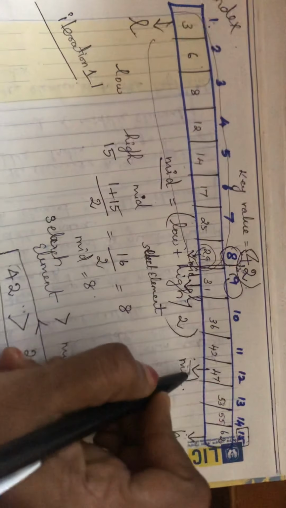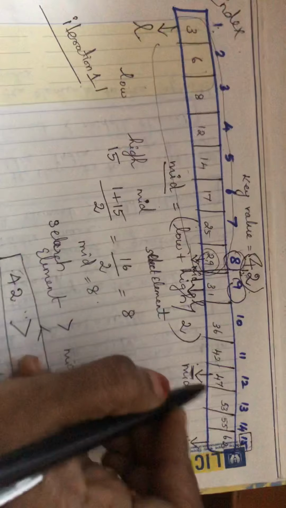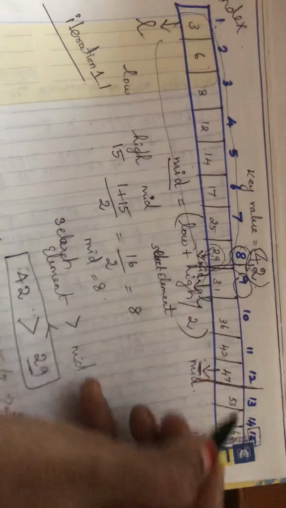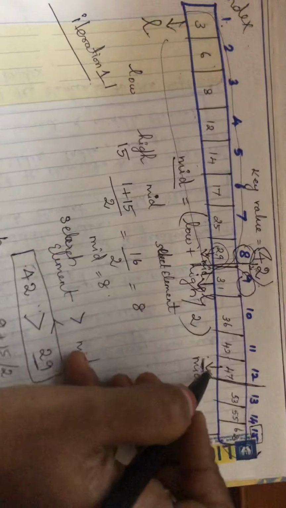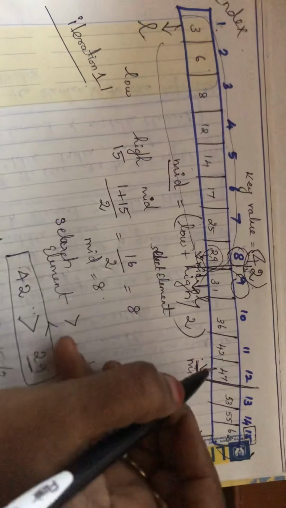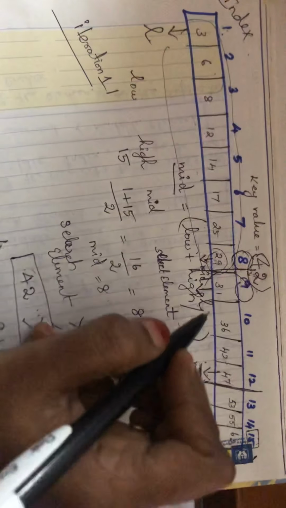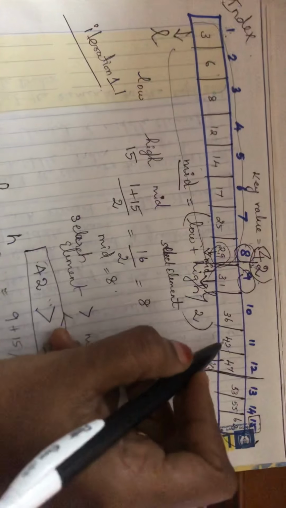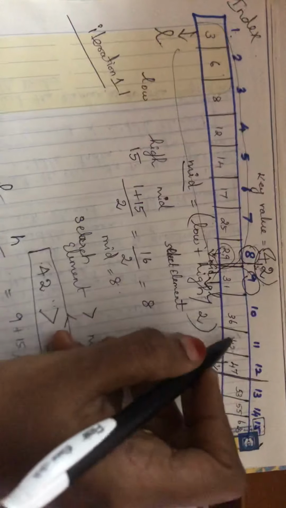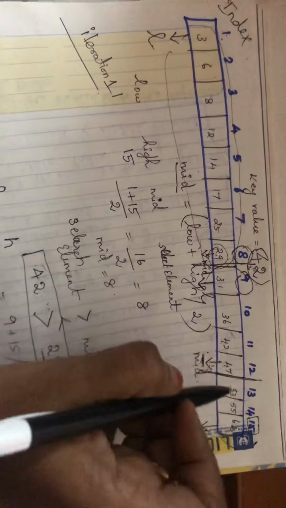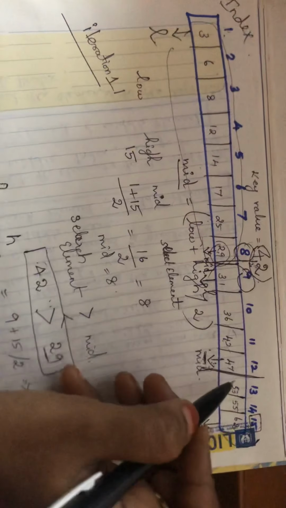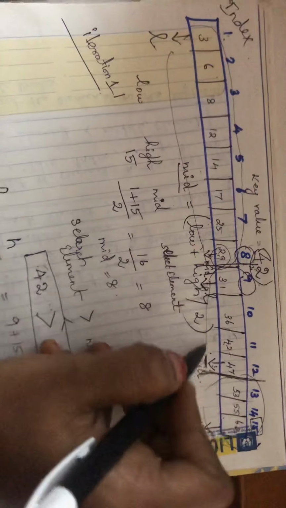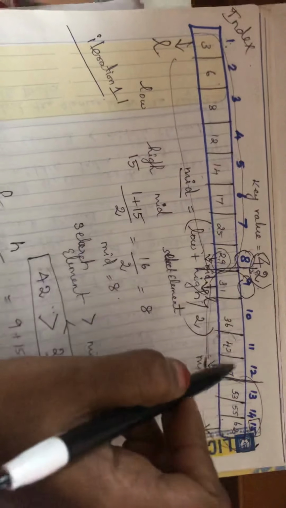This is the splitting part, but we consider only this part, because the mid value is greater than the search value. So we omit this part. We take only the part from 9 to 12.